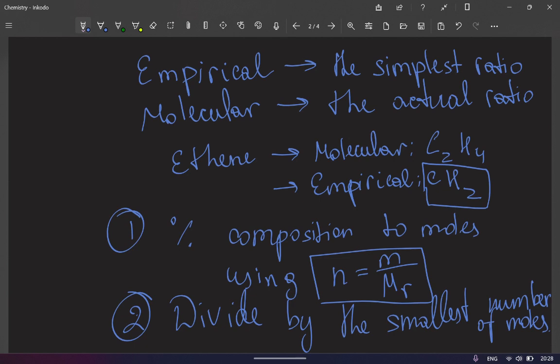So for example, you get a ratio of 0.7 and 1.4, and this is the molar ratio. What you will have to do is to just divide both of them by 0.7, the number that is smaller. And what we'll get is a ratio in empirical formula of 1 to 2.